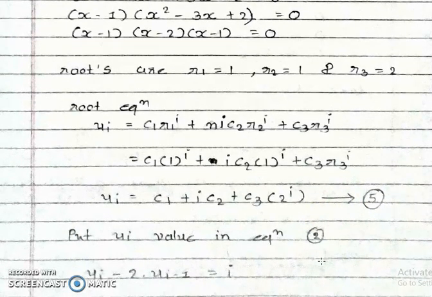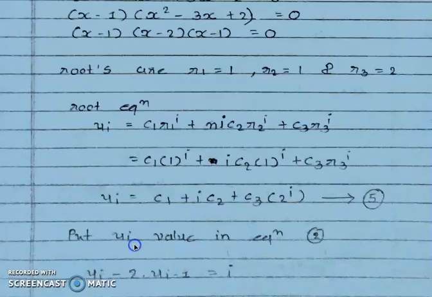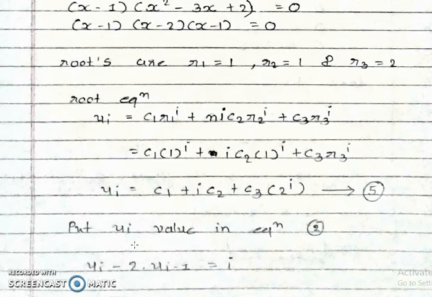Then put the u_i value in equation number 2. Here equation number 2 is u_i minus 2 into u_(i-1) equal to i. Put the u_i value into this equation and the u_(i-1) value also in this equation. So we get the final equation value.